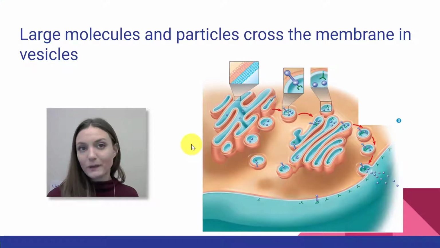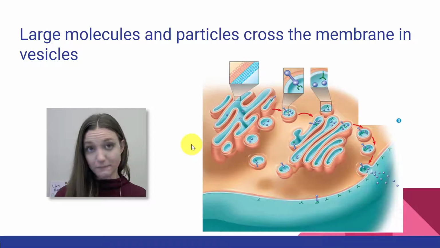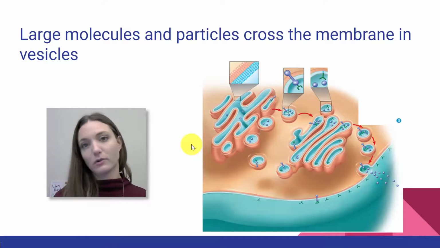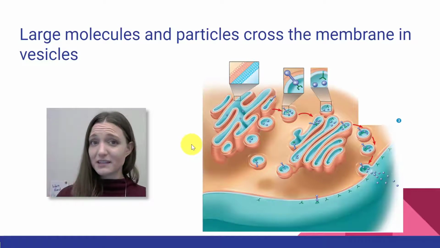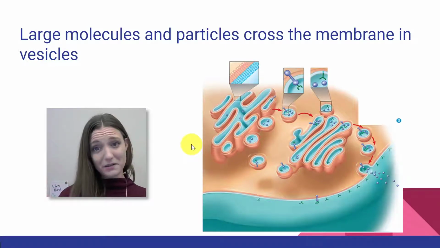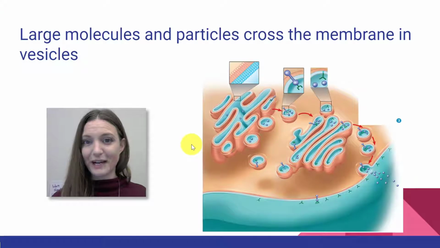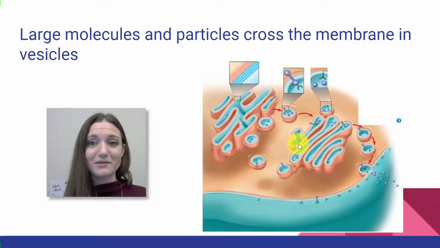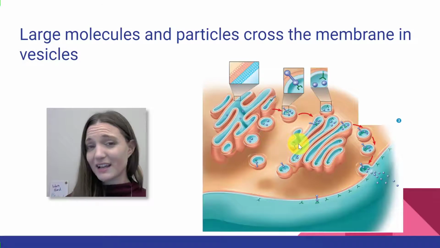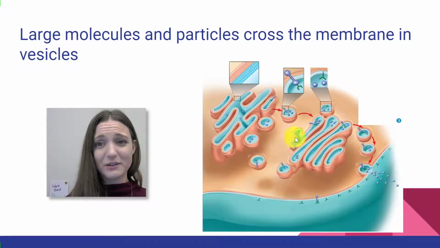So, we've talked about this process before, but we didn't call it bulk transport. We've talked about molecules moving out of the cell, secreting molecules using vesicles, right? So something is produced in the ER, gets transported to the Golgi to be modified and folded properly and attached to some carbohydrates, whatever.